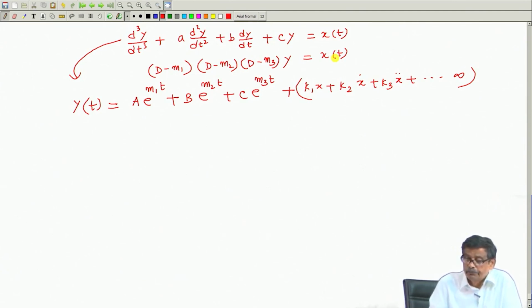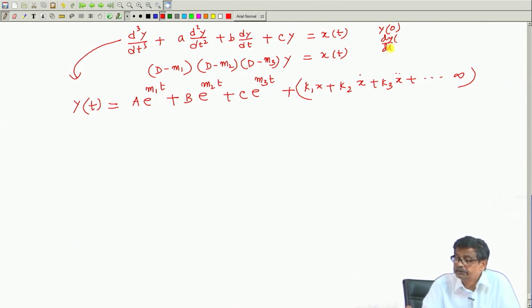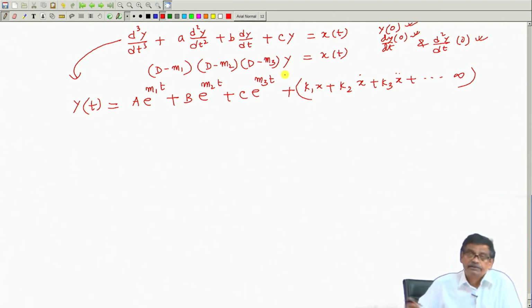Then your step will be to determine A, B, C from the total solution, and 3 boundary conditions will be needed. In fact, 3 will be given: y 0, dy dt 0 and d2y dt2 0 will also be given. These 3 if given, I can generate 3 equations and get the solution.